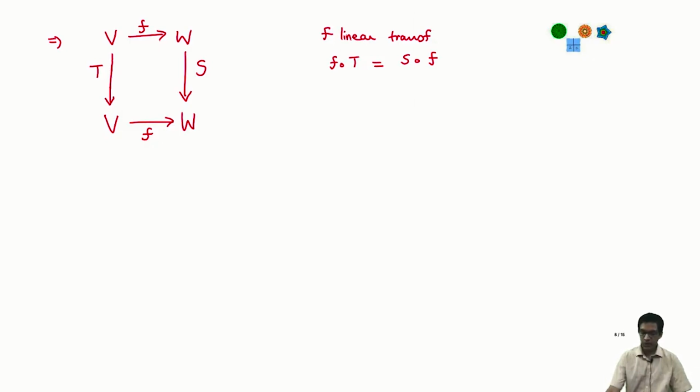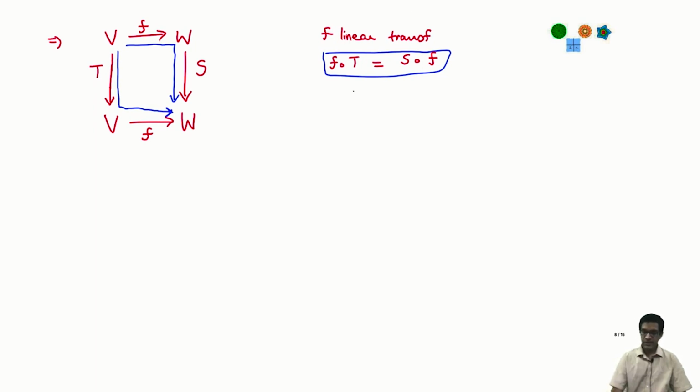Now let's observe what this equality says about this diagram. It says that if I look at f composition T, it means I first come along T and then go along f. So it's this way, I come from V and go down to W. The other side, S composition f, is the other path. I first do f and then I do S. So what this identity is telling me is that whether I go along this L here or this inverted L, I get the same answer.